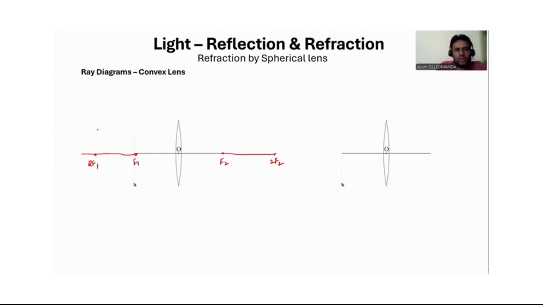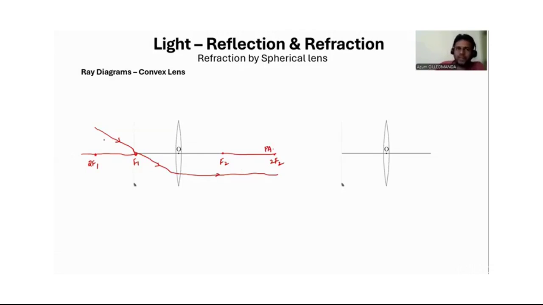Now, what happens if a ray of light passes through the focus and is incident on the convex lens? Then it emerges out as a ray parallel to the principal axis. So when a ray is incident through the focus, it refracts out through the lens parallel to the principal axis. So that's one scenario.